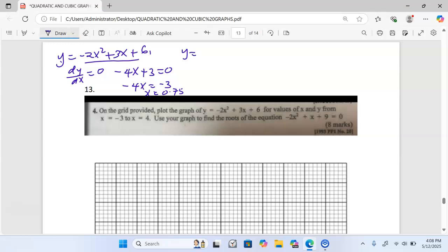In this case, we have negative 2 multiplied by 0.75 squared, plus 3 times x, which is 0.75, plus 6, and this is going to give us the value 7.125.